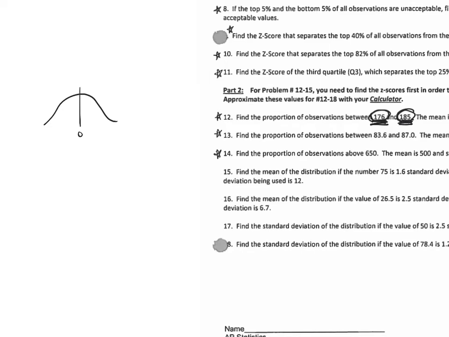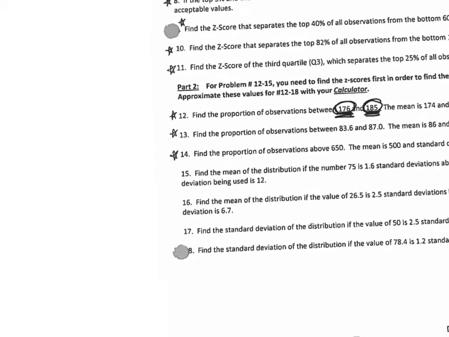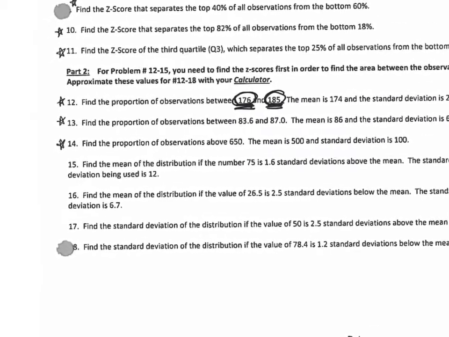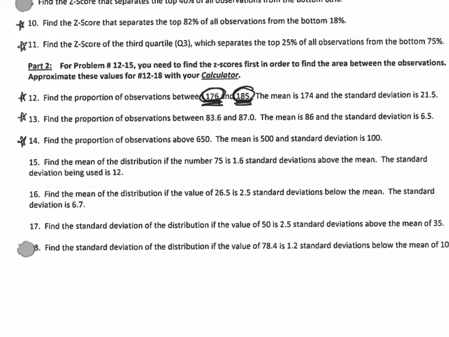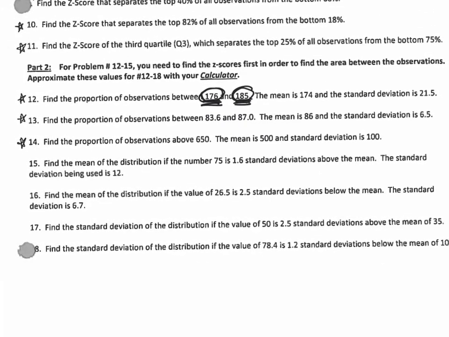You have to turn those into z-scores, and the way you do that is with your z-score formula: x minus the mean over the standard deviation. So that's what I want you to do right now. Use your calculator. Take a moment and calculate the z-scores for those two values.